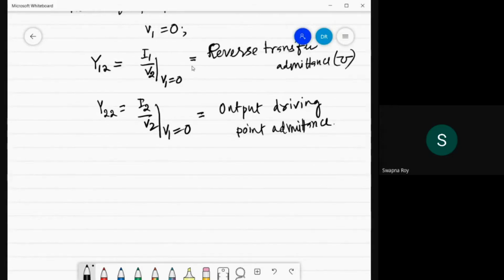Now we have to draw the equivalent circuit. How to draw the equivalent circuit? Equivalent circuit of Y parameter.